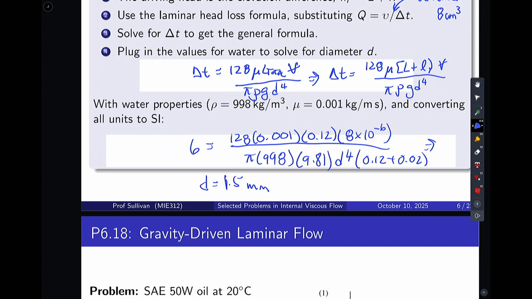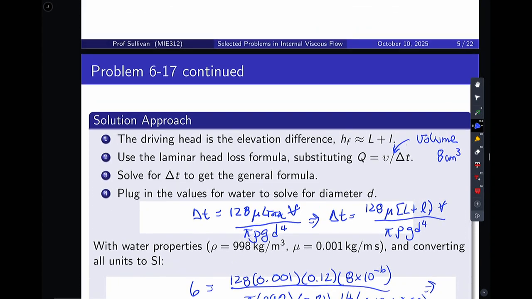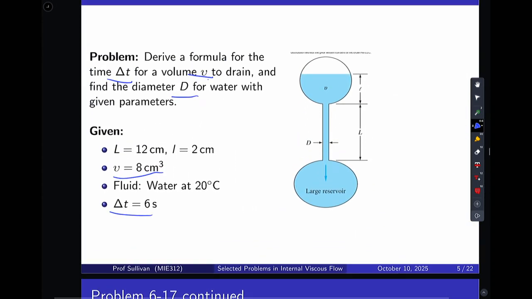All of these are applying, sorry, go ahead. Yeah, I just wanted to ask, I'm just confused on the lengths, because you wrote 128 and you used L plus L, you used over pi rho, and you used power 4. Where did you get the 0.12 plus 0.02? Right, so that's over here, 2 centimeters and 12 centimeters.